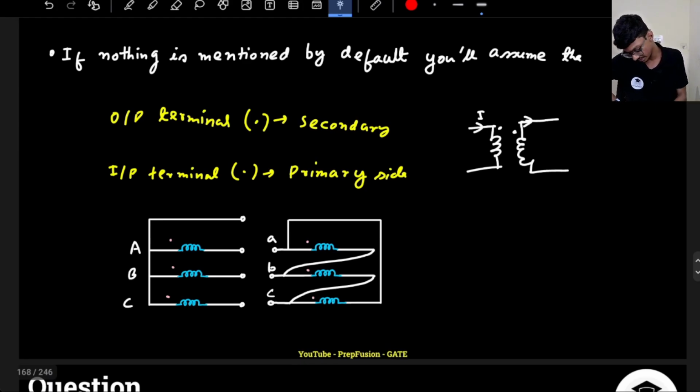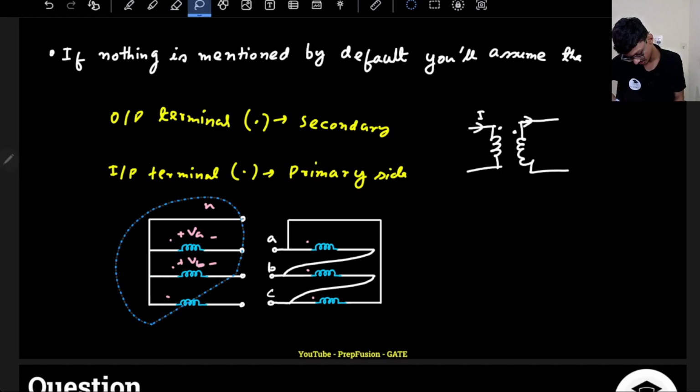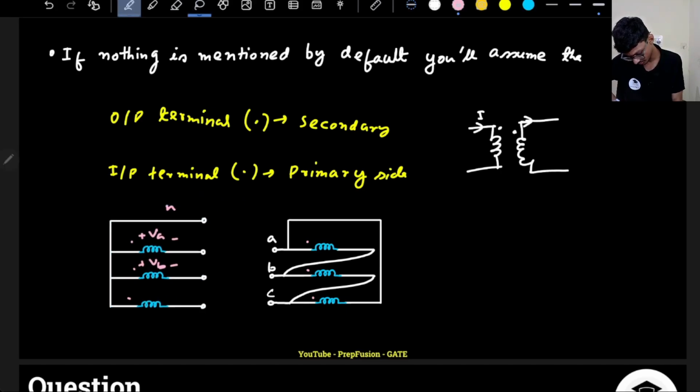So what is VAB here? This is just a neutral. So this will be plus minus VA here, and this will be plus minus VB. Sorry, this is not possible because this is already shorted. So these are my input terminals, then things will change.